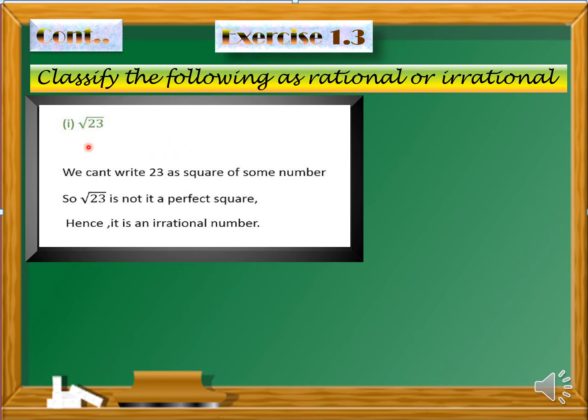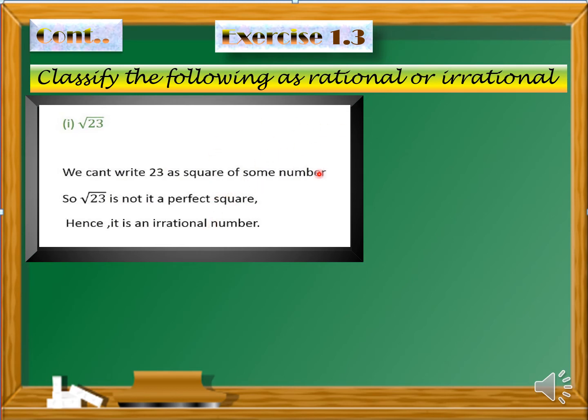So here it is root 23. It is not a perfect square. What is a perfect square? As I have said, root 4 is equal to 2, because 2 into 2 gives 4. Root 64 is equal to 8 into 8.